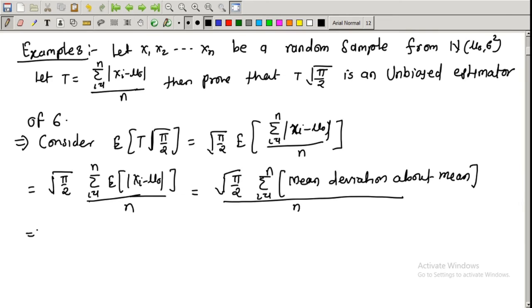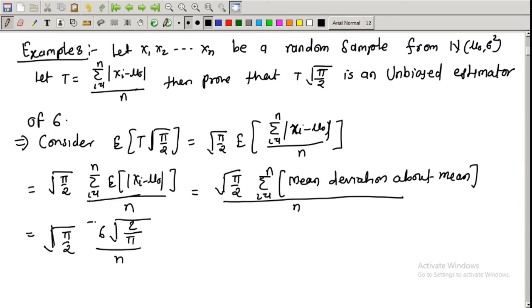But you know, mean deviation about mean of normal distribution is under root 2 upon pi into sigma. So this is under root of pi by 2 as it is, and mean deviation about mean is sigma under root 2 upon pi, and this n as it is. And how many times this summation?